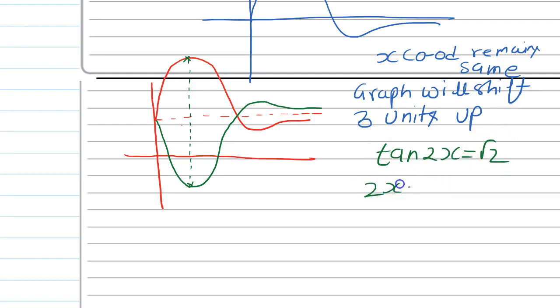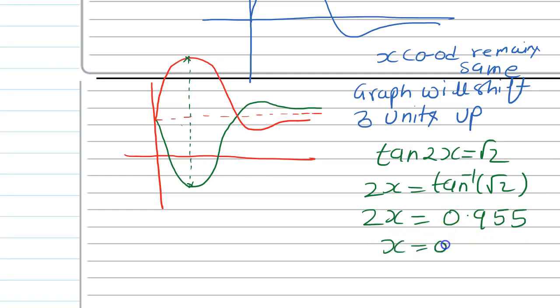If you calculate, 2x is equal to tan inverse root 2, and tan inverse root 2 is 0.955, and x is 0.955 divided by 2, so it will be 0.477.